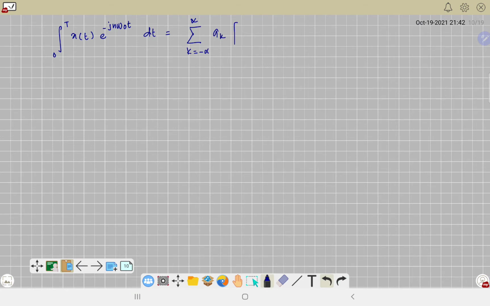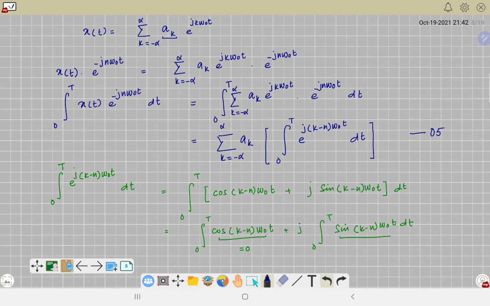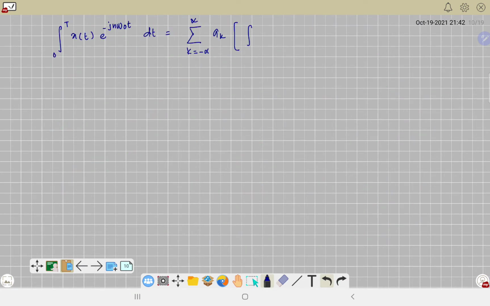A of k, and then we had this integral 0 to T e raised power j omega naught t dt. Now see, this integral has a value of 0 for k not equivalent to n, and it has a value of T for k equivalent to n.